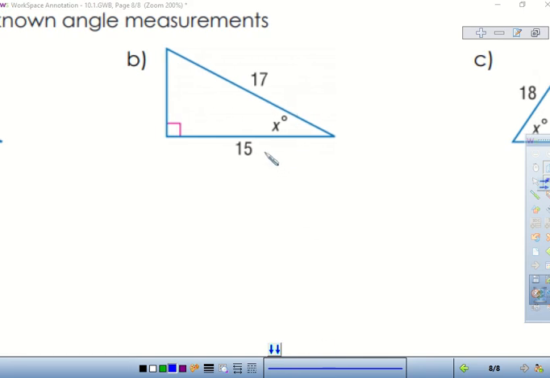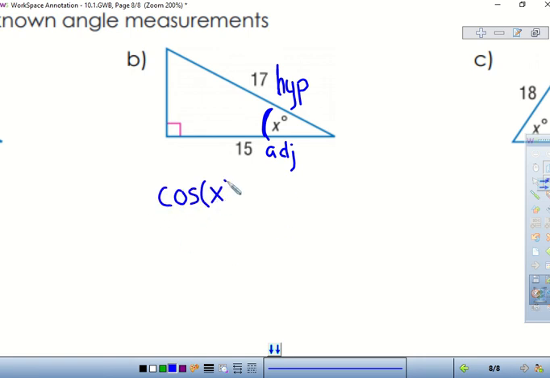So in this one, we know 15, which is what to the angle? 17 is hypotenuse. You only will ever have one of each. You good with that? So this is going to be what trig function?